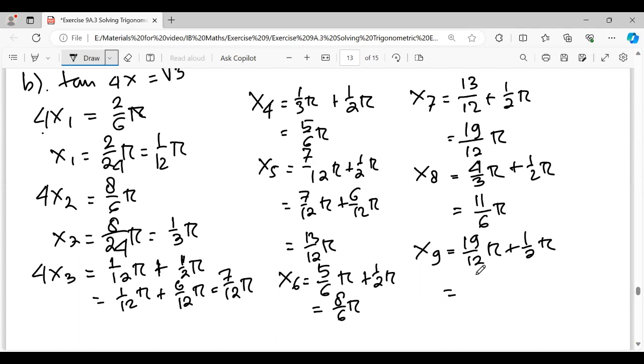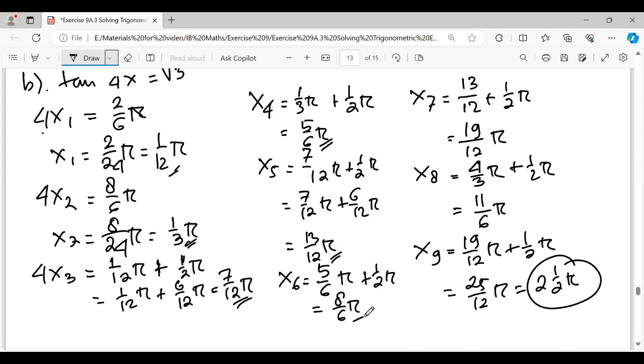This is 6 plus 19, 25 over 12 pi, more than 2 pi. So the answers are this one: 1 over 12 pi, 1/3 pi, 7 over 12 pi. This one as well, 5 over 6 pi, 13 over 12 pi, 8 over 6 pi, 19 over 12 pi, and 11 over 6 pi.